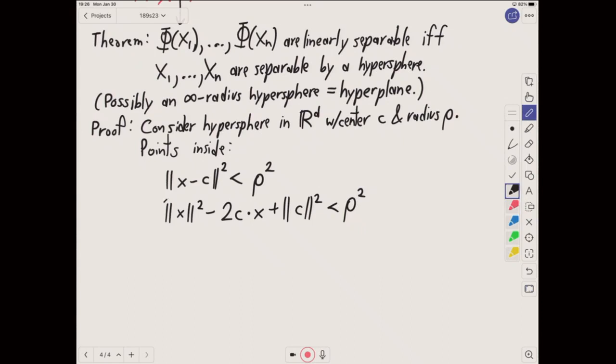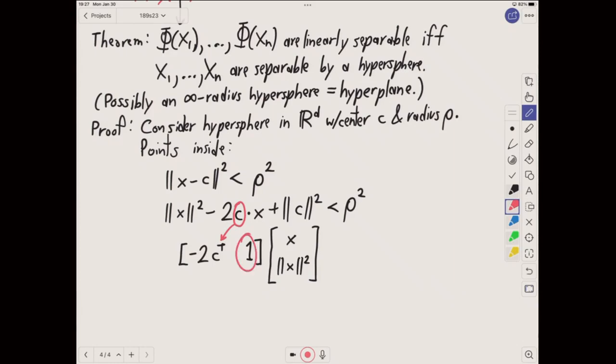And now I'm going to take this apart into a single dot product using the lifted points. And that's going to look like this. So here's a row vector, and here's a column vector. And both these vectors have length d plus 1. So remember, c is a column vector with a length of d. So c transpose is a row vector with a length of d.